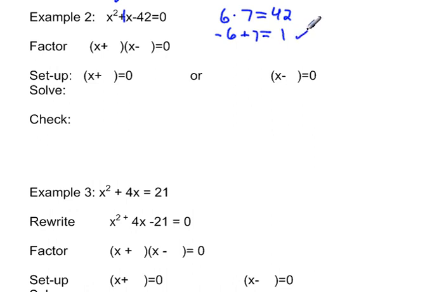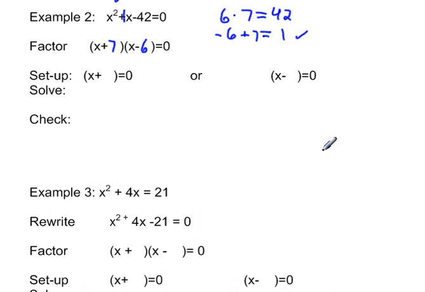It does. So that's what we were looking for. So the 6 is going to go over to the negative side. The 7 goes here. So I've got x plus 7 times x minus 6 equals 0.